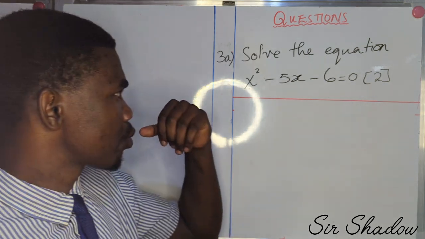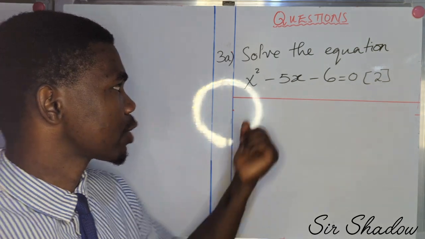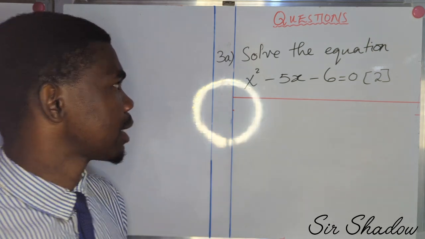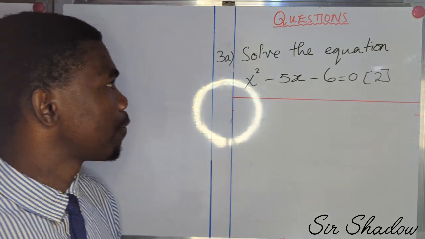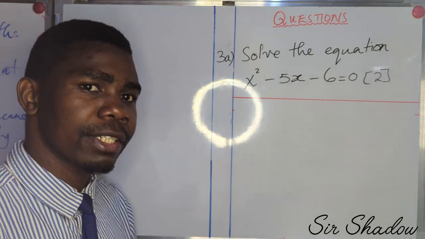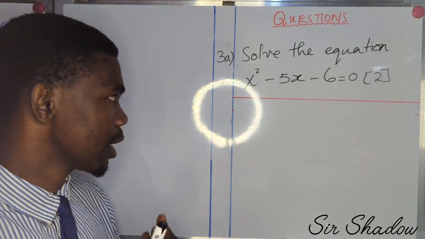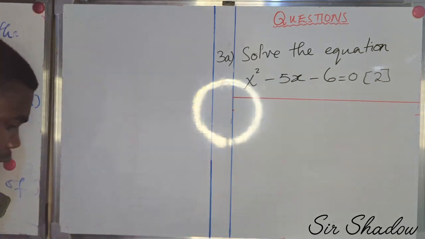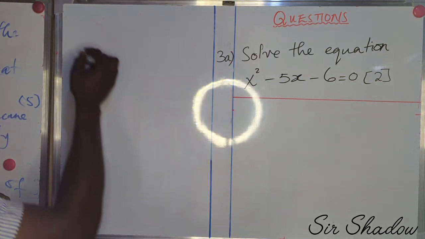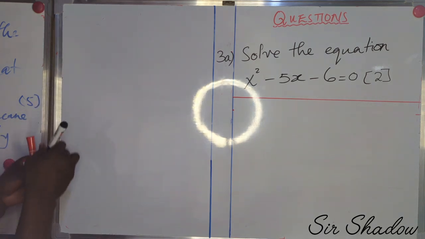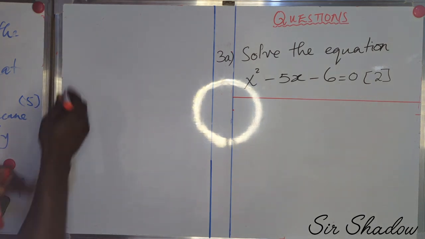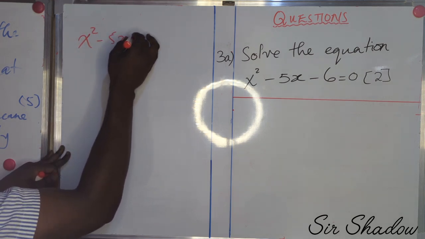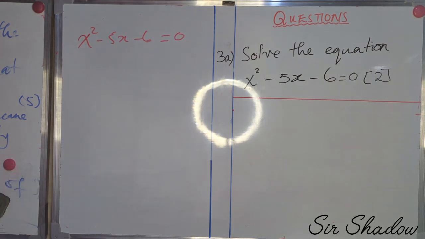Right, so there are several ways of solving this quadratic equation. But here we want to use the method of finding the factors. So in a circumstance like this, we are given x squared minus 5x minus 6 is equal to 0, right?